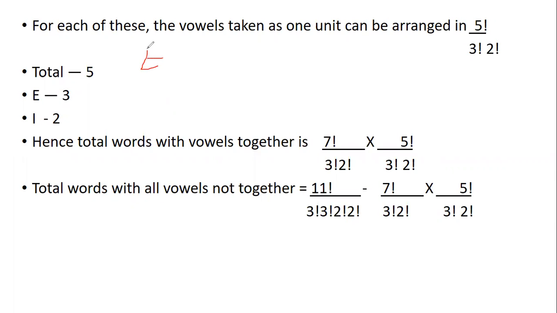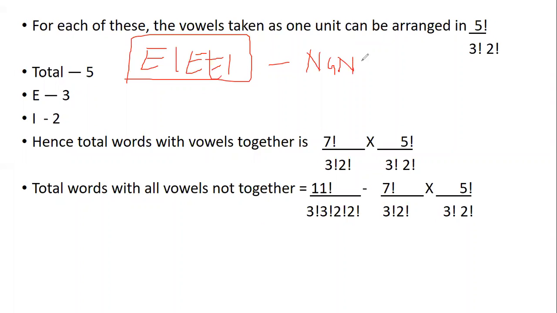Here you had E, I, E, E, I, which was considered as one unit. And then apart from this, you have N, G, N, R, N, G. Correct? So this is what we solved previously.